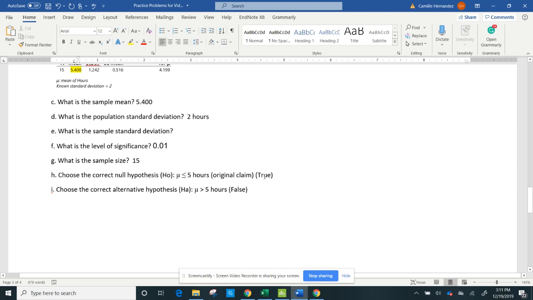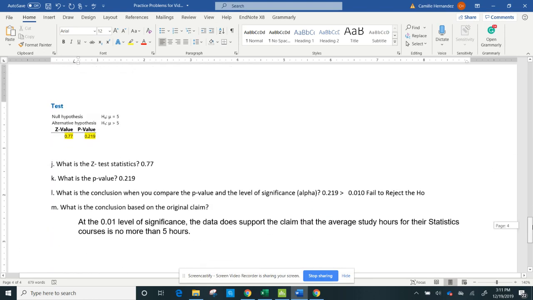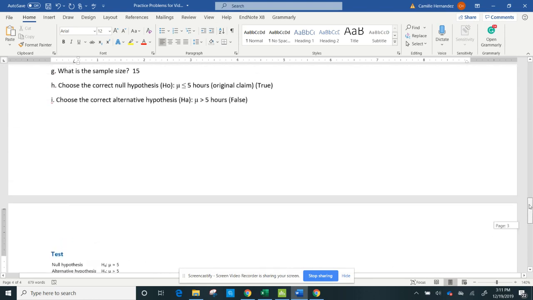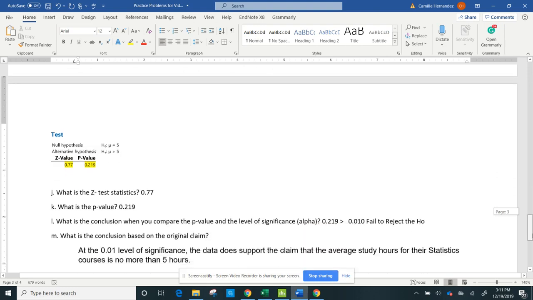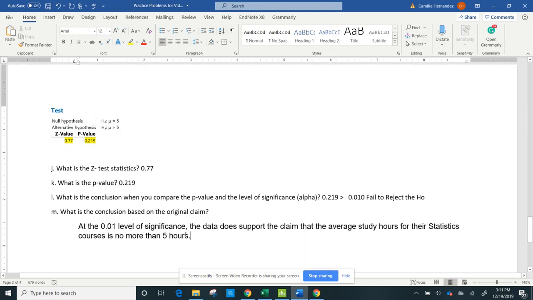It was my original claim, and I found it was true because I failed to reject the null. And because I found it true, I'm really basically taking that null hypothesis and concluding it in words instead of symbols. So at the 0.01 level of significance, the data does support the claim that the average study hours for statistics is no more than 5 hours.